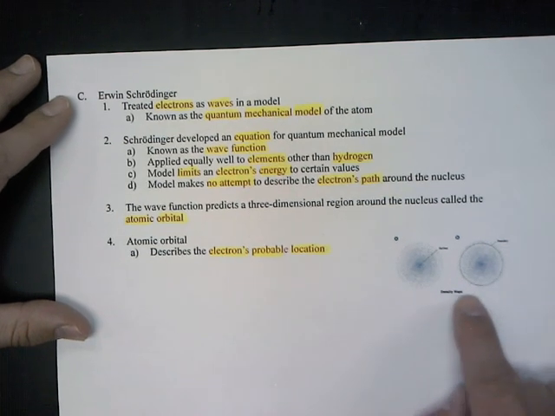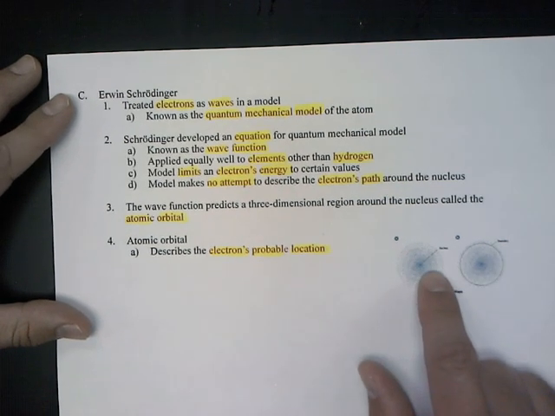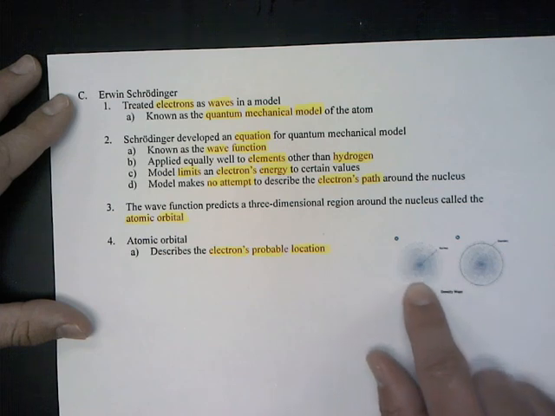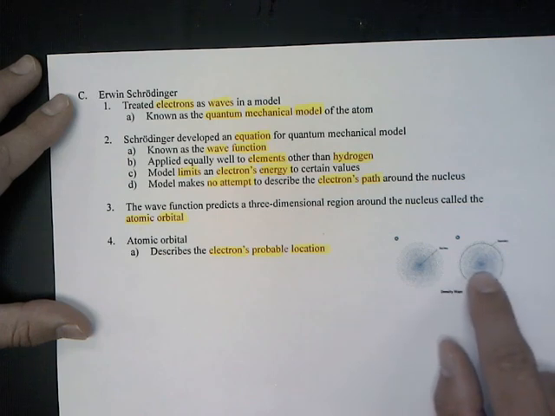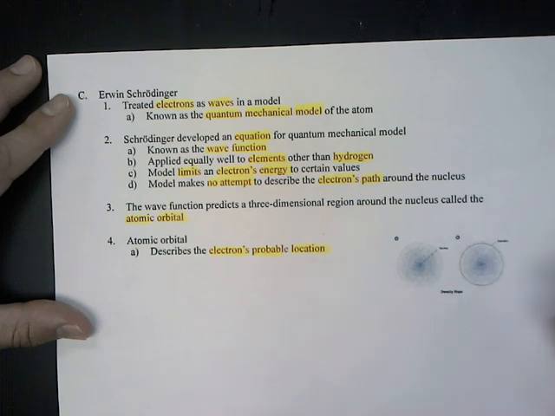All these little blue dots that you see on the paper are the probable areas of where the electron is. And you can see that as you get closer and closer to the center, the first electron is most likely going to be right there around the circle in a spherical pattern.